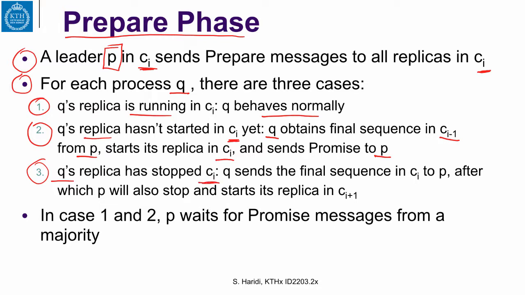And when he adopts the sequence coming from Q, because it will do that in the prepare phase, then Q can send the sequence in C_i to P, after which P will also stop and start its replica in C_i+1. As we know, in both case 1 and case 2, P, if he is still the leader in this new configuration, then he has to wait for a majority of promises, but this is understood.